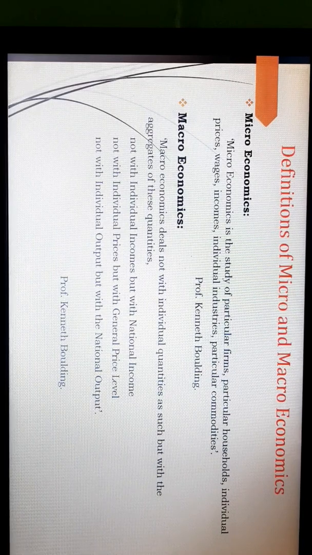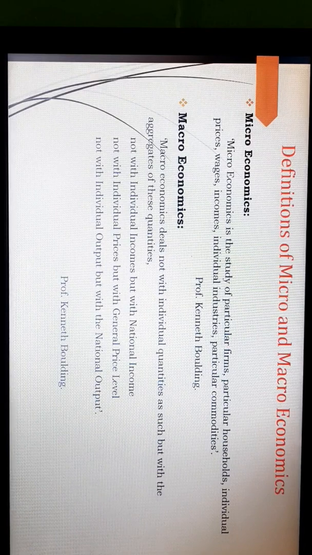So all individual incomes, when we add them up, we will get an aggregate that is nothing but national income. So individual income is related to individual person, and national income is the income of a country. Okay. Same is there with individual prices.